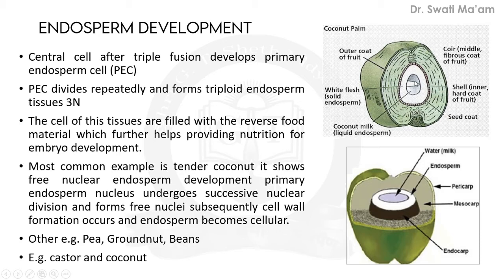So tender coconut is the best example of free nuclear endosperm development.